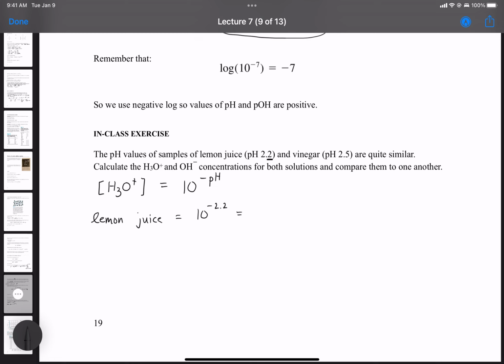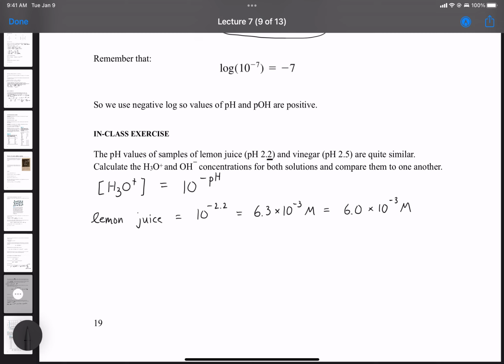So we're going to say 6.3 times 10 to the negative third molar.